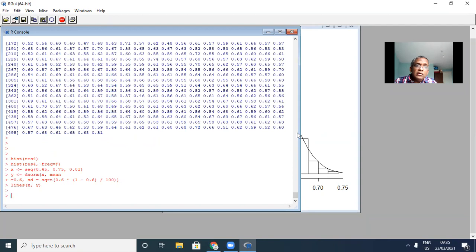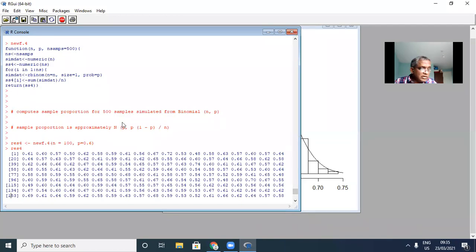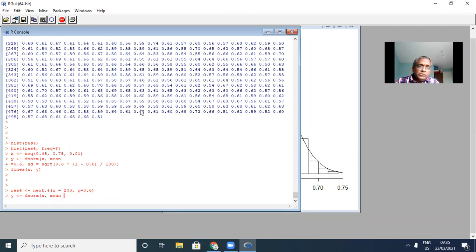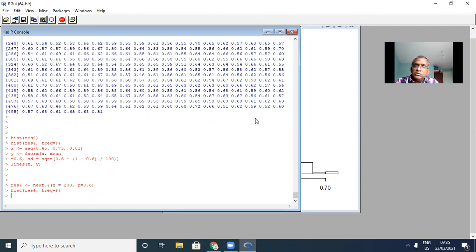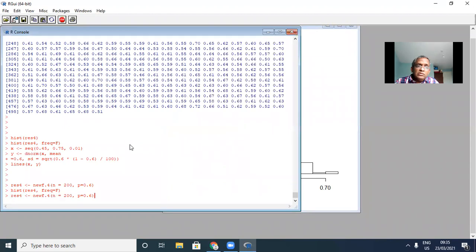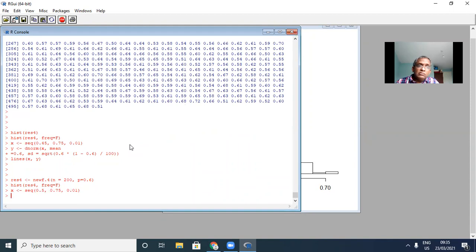Now here I have chosen n to be 100 and p to be 0.6. Now let's try with different values. Let's take n to be 200 and p to be 0.6. Then you do the histogram, which looks like this. It goes from 0.5 to 0.75, so you take x to be 0.5 to 0.75, and then you take y.